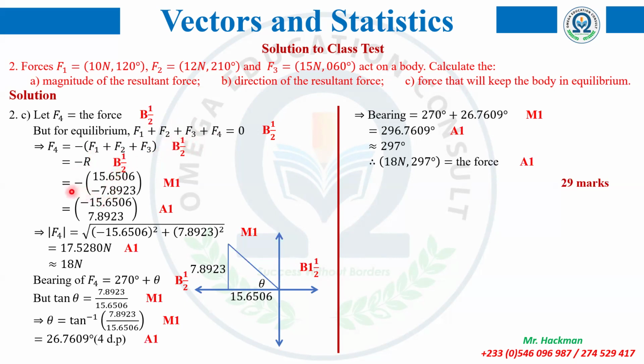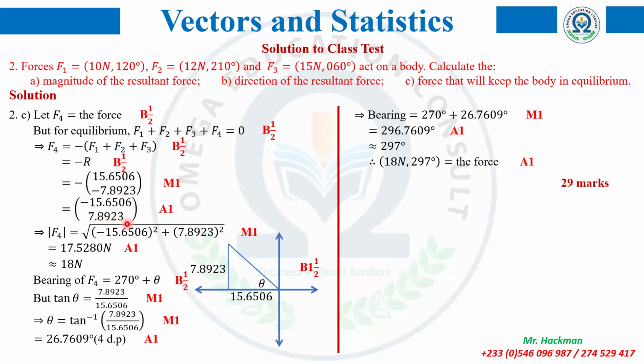Then after that, it will be minus. Remember, you know your R, so don't go and find that again, unless you don't trust yourself. That's what you did when you were looking for the magnitude and therefore the bearing. So now you just pick your R. So it will be minus that. You multiply each of the components here by the negative, and that gives you this as your F sub 4.